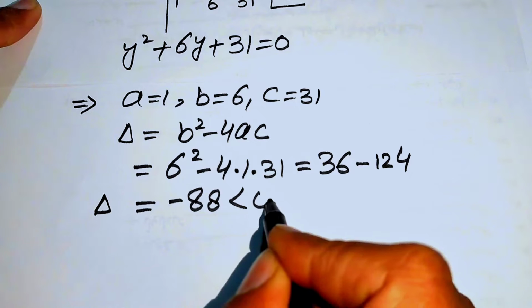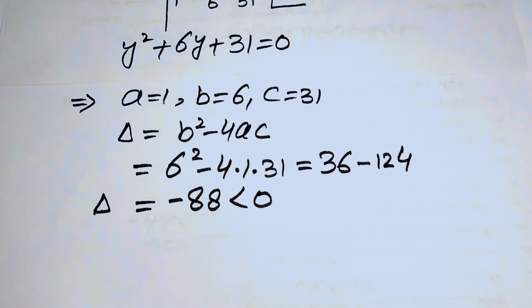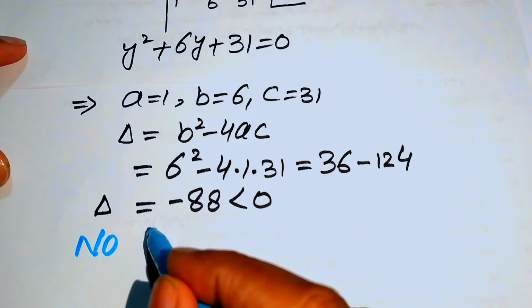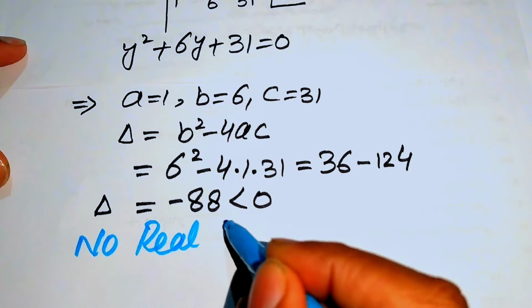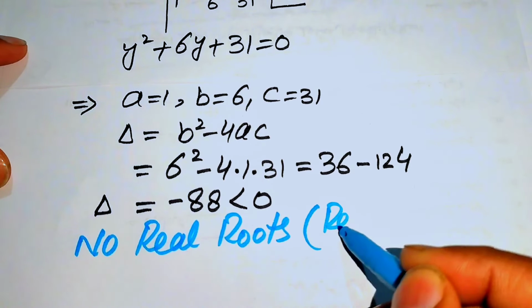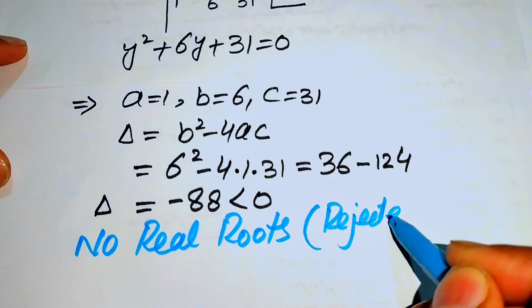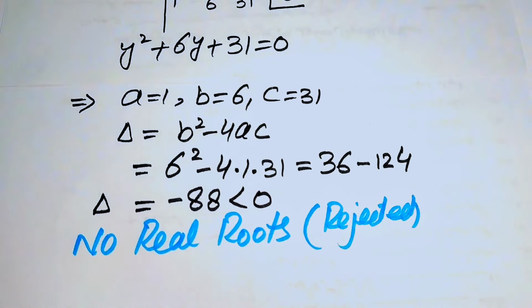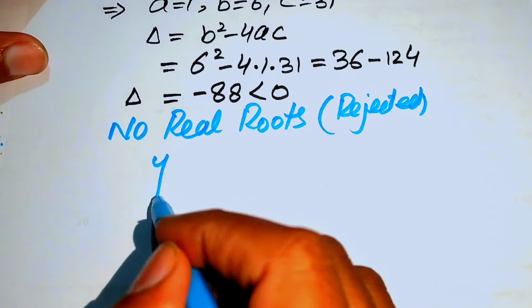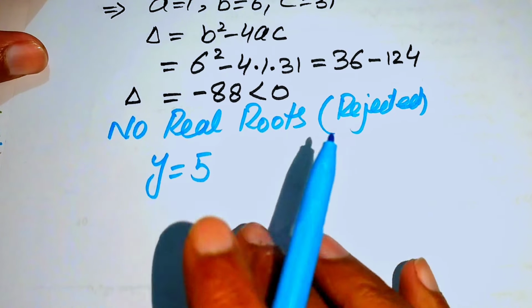Here you see that it is less than 0. If delta is less than 0, it means that it has no real root. So we write here that it has no real root. Since it has no real roots, we reject this case, and we have only one value of y, and this value of y is equal to 5.